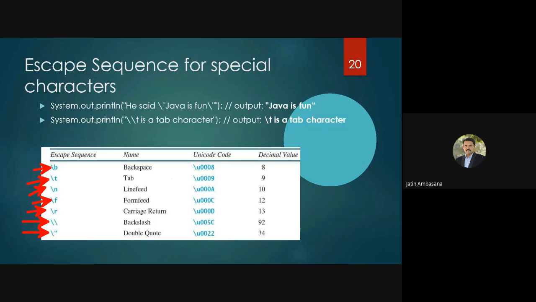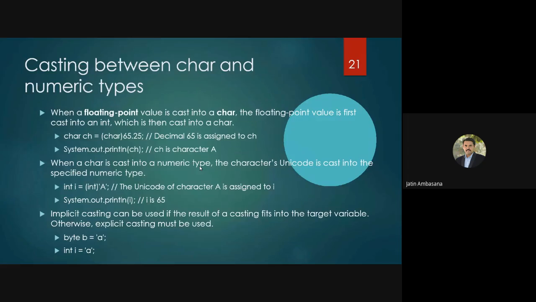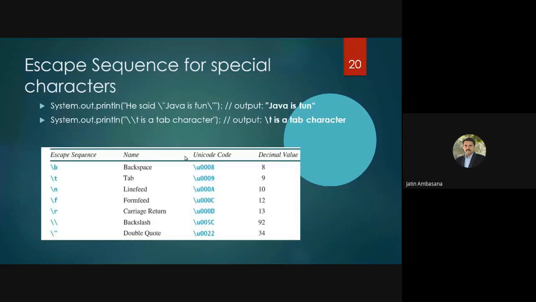Okay, and these are the Unicode values. We don't need to worry about them and the decimal values, right? We just need to remember what the escape character is that we use. Okay, so that was about special characters.